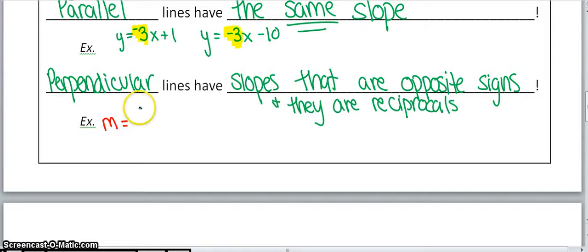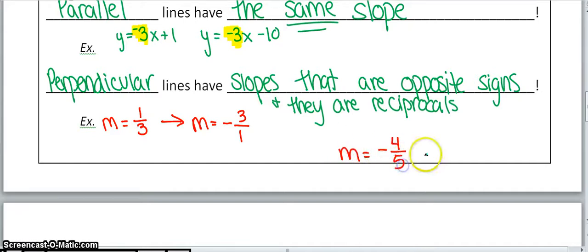So if one of our slopes was 1/3, the perpendicular slope would be the opposite reciprocal. So it'd have to be negative since that's positive, and it'd have to flip. So if this is 1/3, this would be -3/1. Or another example, if you had m = -4/5, the perpendicular slope would be m = positive 5/4.